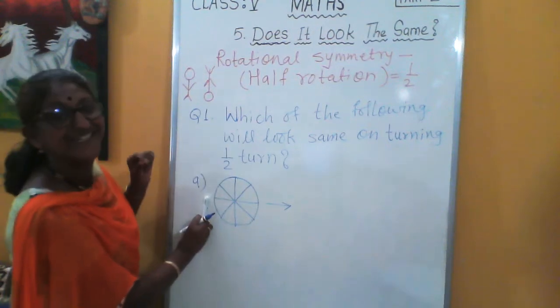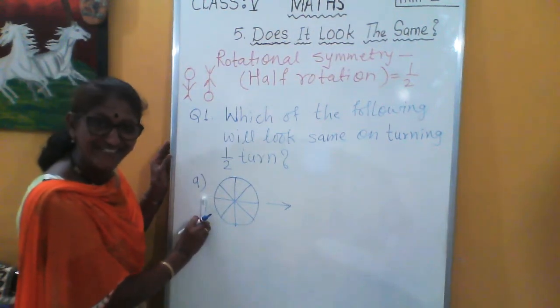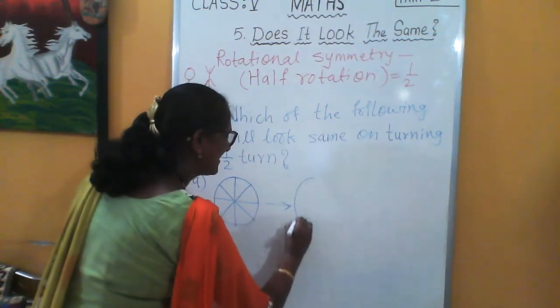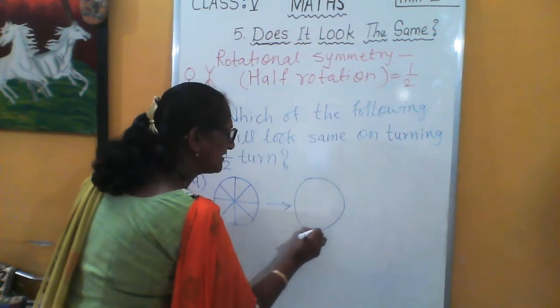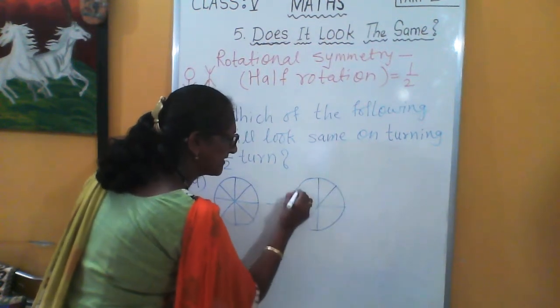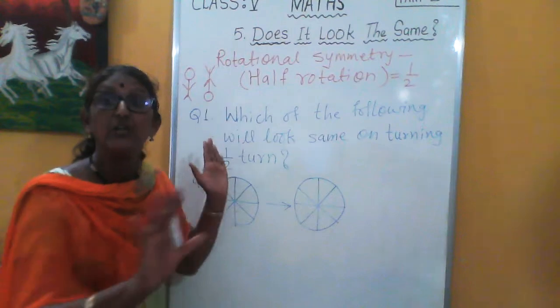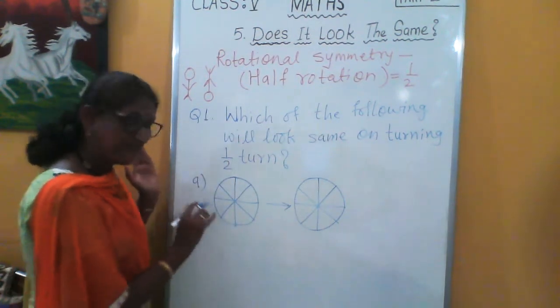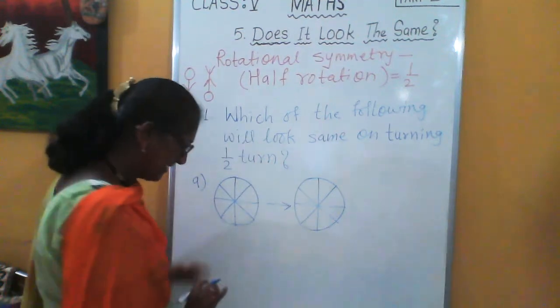Will you get an exact circle like this? Yes, we will get the exact circle after the half rotation. There will be no difference at all.